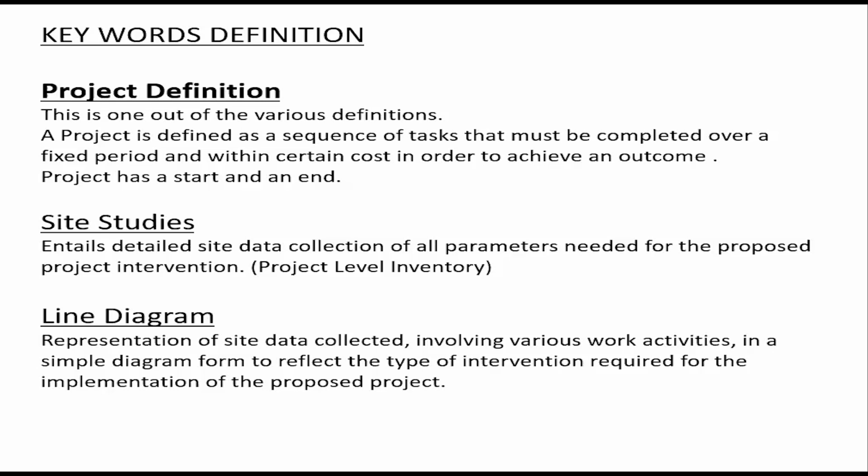Then the line diagram is a representation of site data collected involving various work activities, and it is represented in a simple diagram form to reflect the type of intervention required for the implementation of the proposed project.